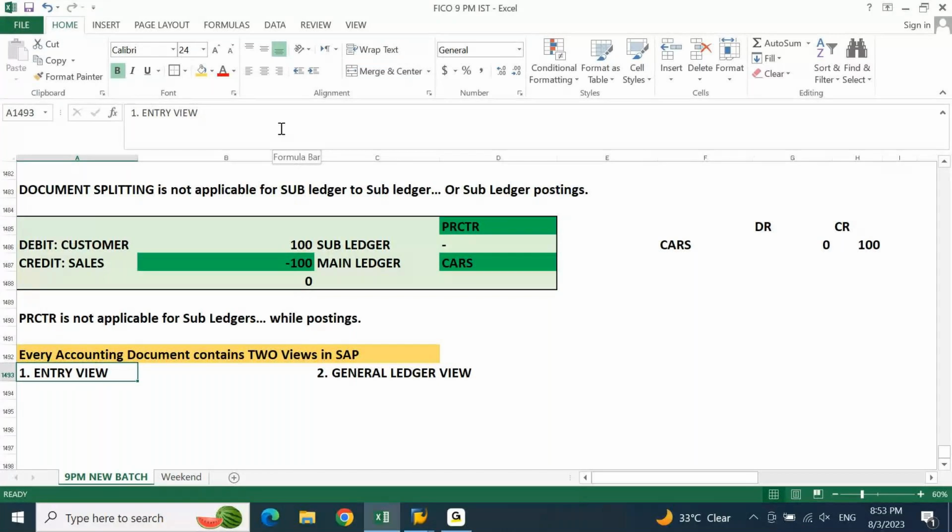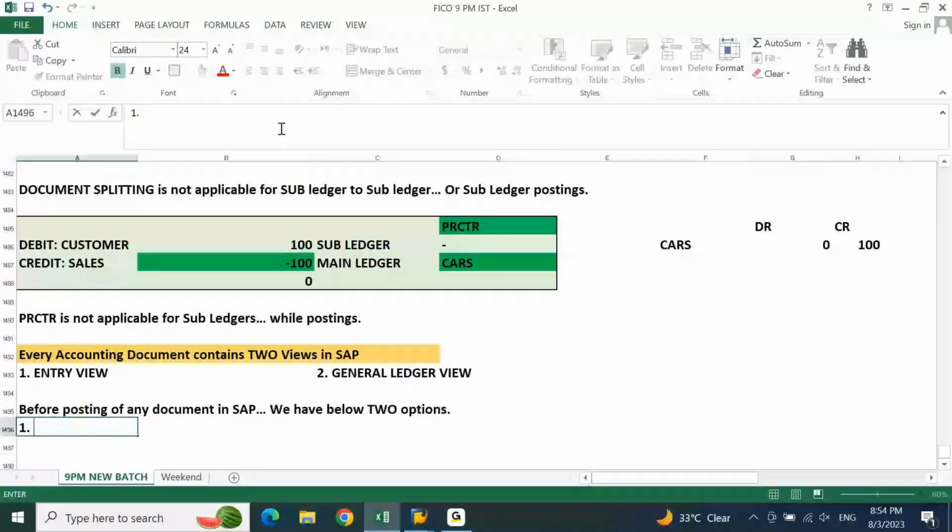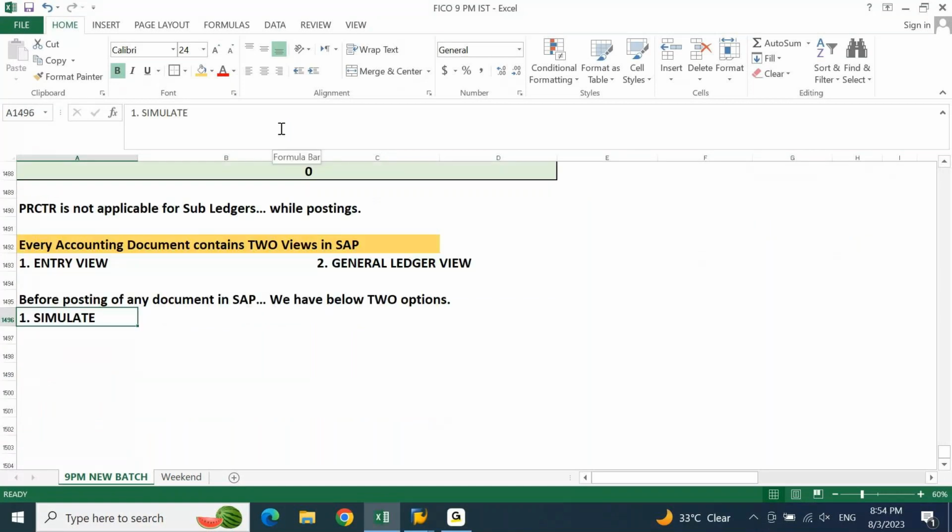In short, whenever you try to post any document, I hope the majority are already experienced with SAP. Before posting of any document in SAP, you have 2 options.